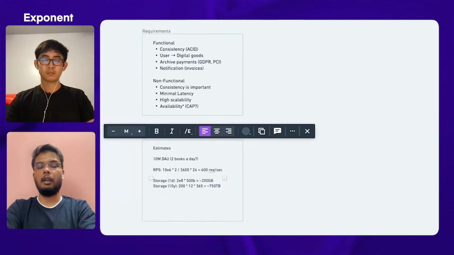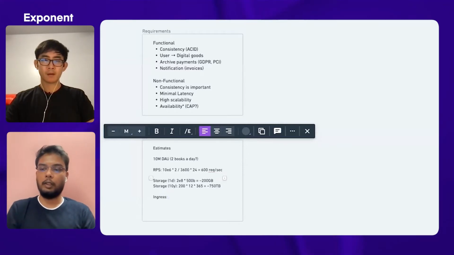Okay. And lastly, just to estimate the ingress, how many megabytes or gigabytes per second of traffic our servers will be serving. For that, I'm going to use our storage for a day, or RPS, and calculate how much traffic we serve per second.